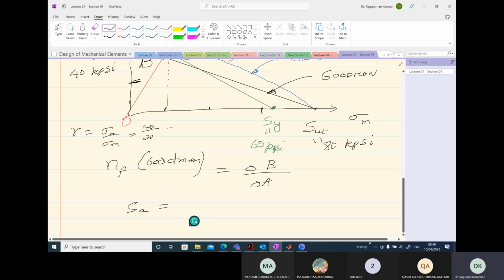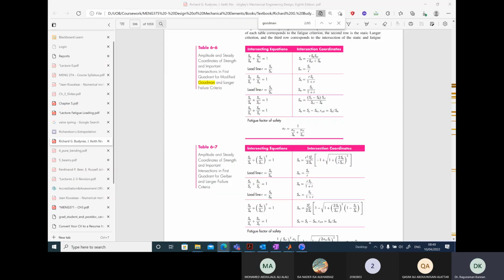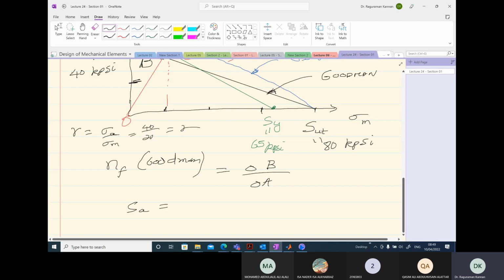40 over 20 is equal to 2, so we have the R value. R times SE times SUT, divided by R SUT plus SE.